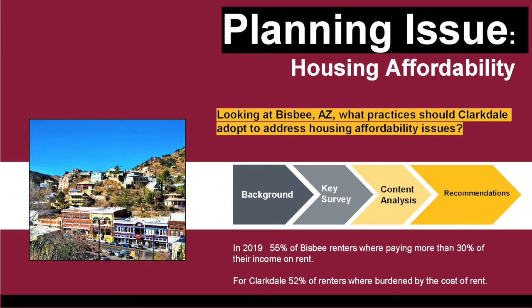We ultimately concluded that 55% of the renters are paying more than 30% of their income on rent, which indicates that this community is heavily burdened by the cost of housing. The percentages are similar in Clarkdale, where more than 52% of renters are similarly burdened. Another interesting find about housing stock in Bisbee and Clarkdale was that in 2010, 75% of the rentals in Bisbee cost more than $1,500 a month to rent, and 92% in Clarkdale.